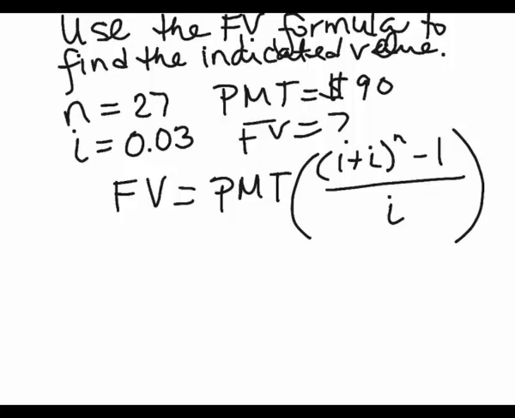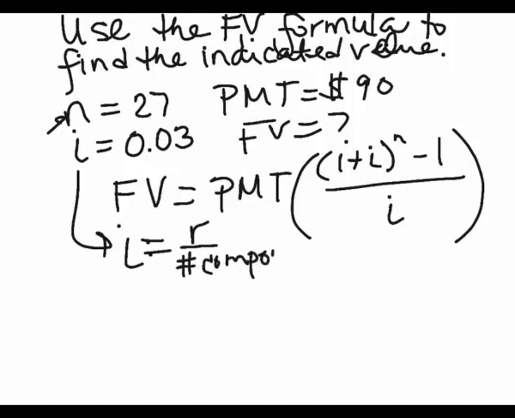Now, hold on, I want to clear something up because I caught how something can be confusing. N equals the number of payments. But when I say I is R over N, I is your rate over the number of times something's compounded. So remember, if that is monthly, then that is 12.